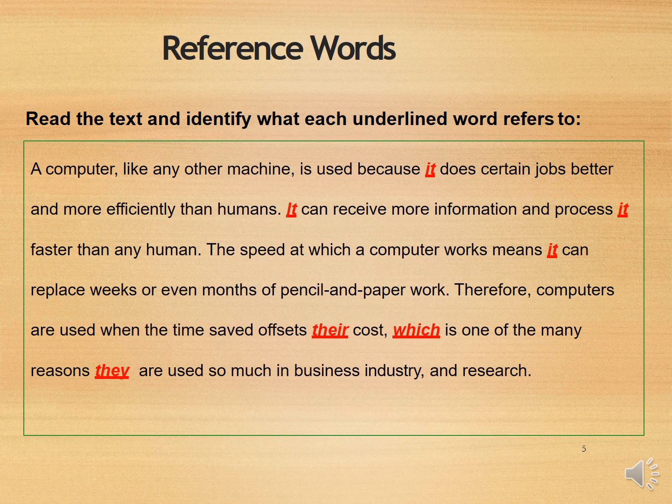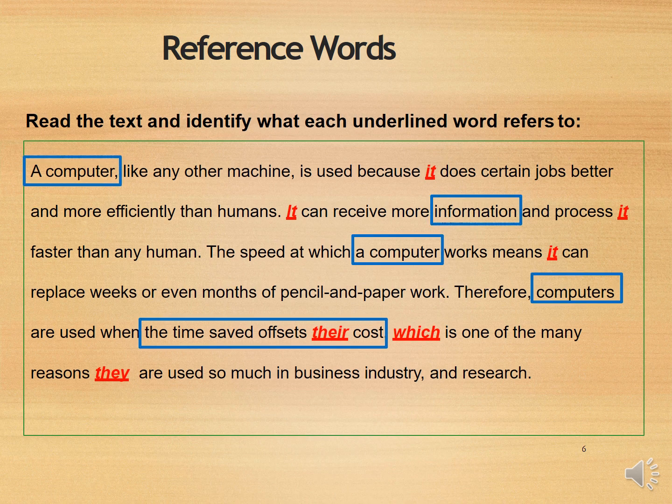Therefore, computers are used when the time saved offsets their cost, which is one of the many reasons they are used so much in business, industry, and research. You may want to take a few minutes to try to guess the answer before I proceed to the next slide, which has the answer to this question.